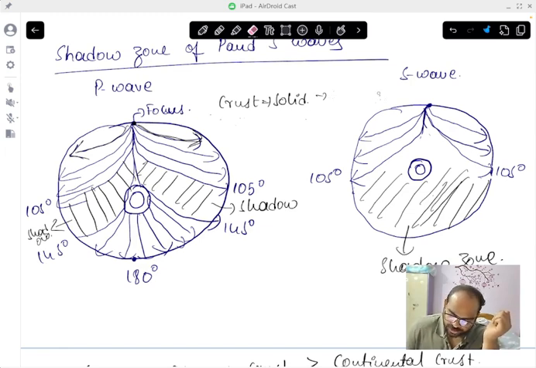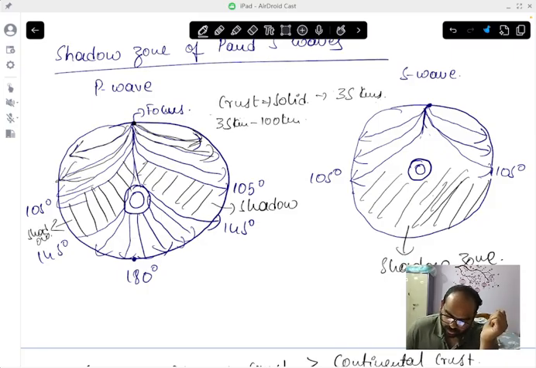The thickness of the crustal portion would be 35 kilometers. From 35 km to 100 km, the speed of the P and S waves increased, indicating a solid upper mantle.